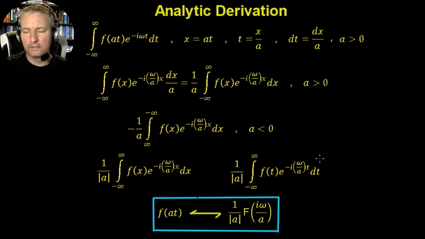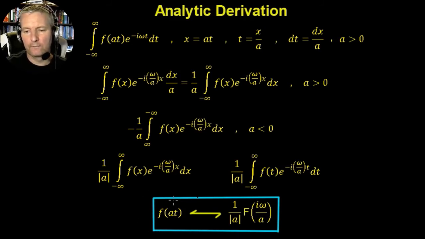Now this is just 1 upon the absolute value of a, and what we have here is the Fourier transform, but it's not the Fourier transform of the function at i omega, it's going to be the Fourier transform of the function at i omega upon a. So this is the transform pair we've been looking for.